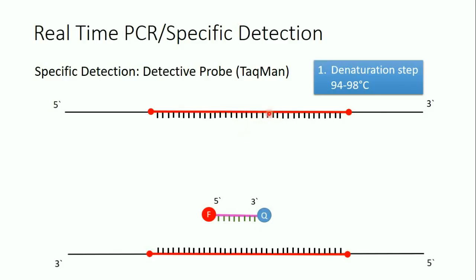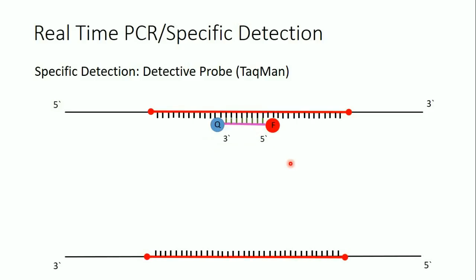So this will recognize the sequence, and then the probe will bind to our DNA strand or to our DNA sequence, because this is specific. The probe is directly complementary to our DNA, so it will bind to it.